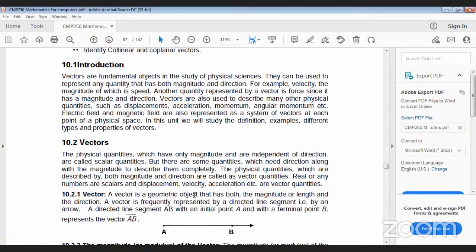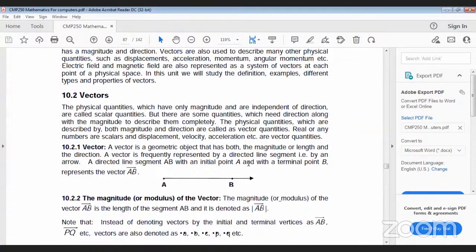A vector is a geometric object that has both magnitude, meaning distance or length, and direction. A vector is frequently represented by a directed line segment, by an arrow above it.